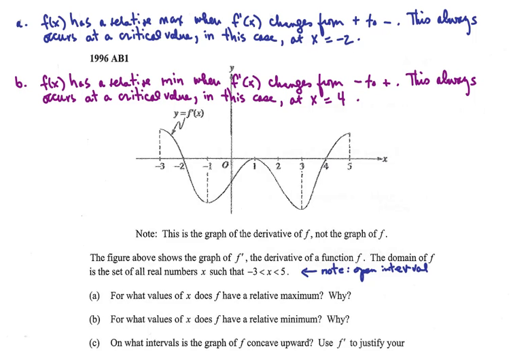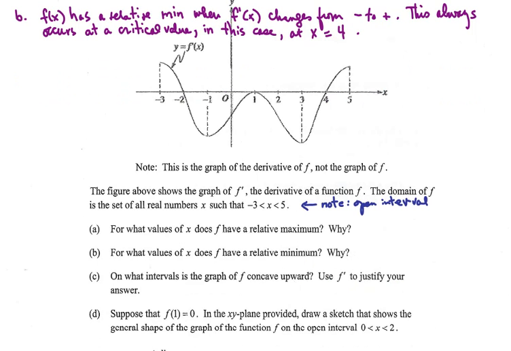C. On what intervals of the graph is the function concave up? I'll scroll up a little bit. Use f prime to justify your answer. Well, we know that a function is concave up when its second derivative is positive, greater than 0. But we don't have the second derivative in this case.